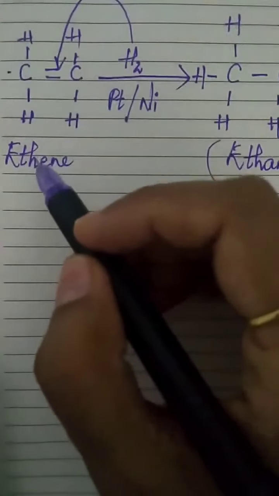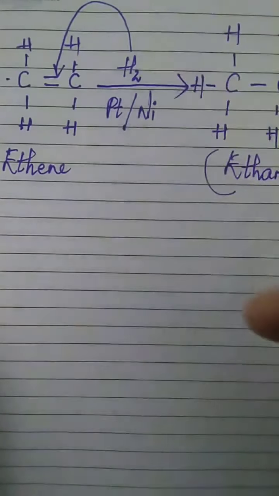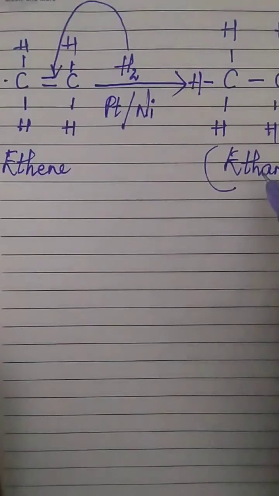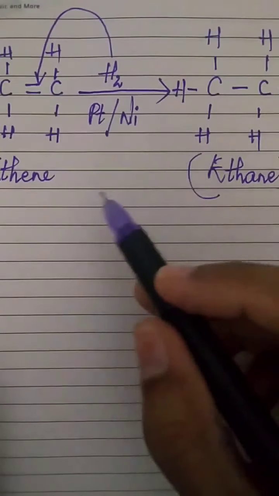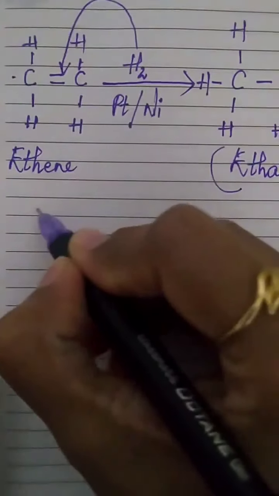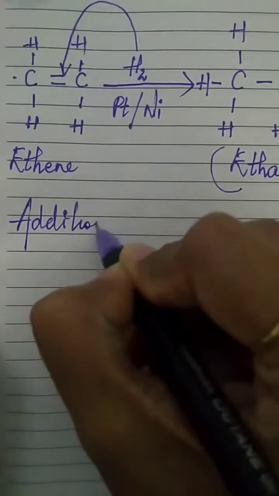Please remember the question: how will you convert an unsaturated hydrocarbon into saturated, or how will you convert ethene to ethane? I hope you all are understanding, children. So this is another reaction that you have to remember. Addition reaction is a reaction happening with unsaturated hydrocarbon.